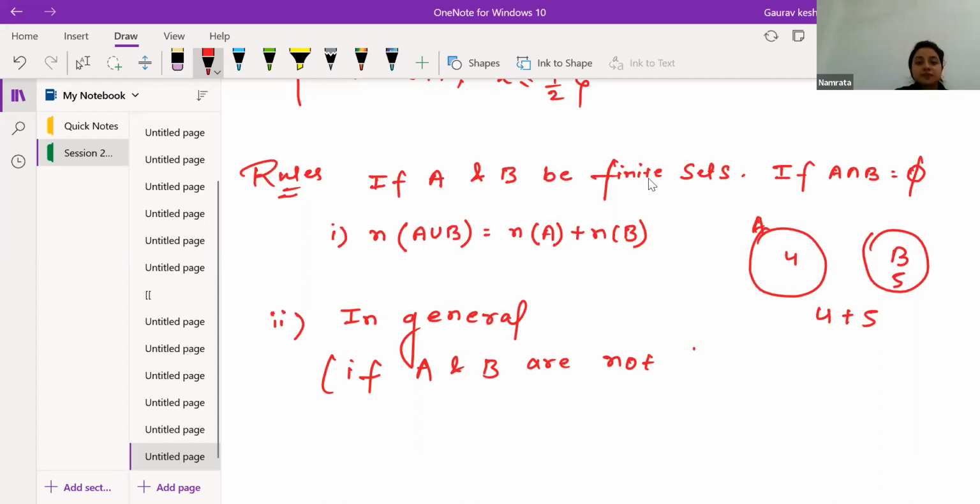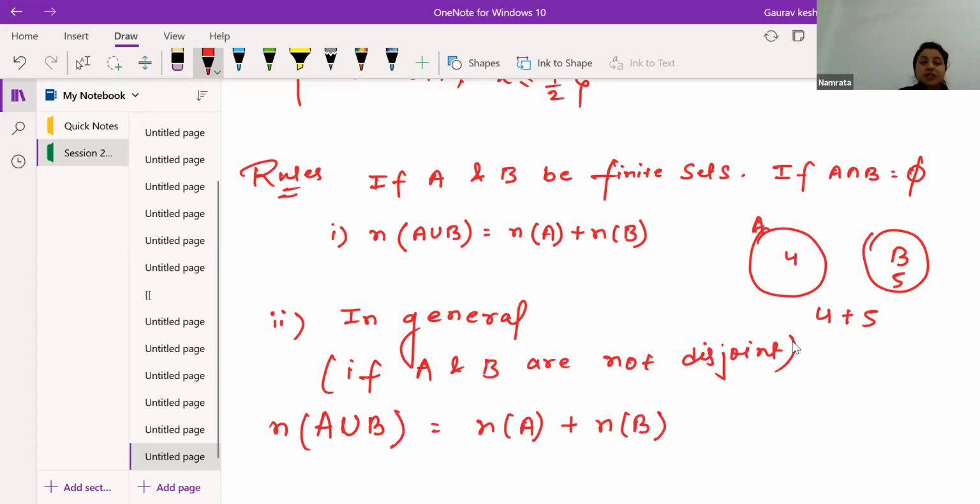Can you hear me? Yes. Yes, Lena. If these two sets are not disjoint, then the number of elements in A union B will be the number of elements in A plus the number of elements in B minus the number of elements in A intersection B. If there is something common, then you take the number of elements of A, add the number of elements of B, and if something is common, that means you have taken it twice, right?